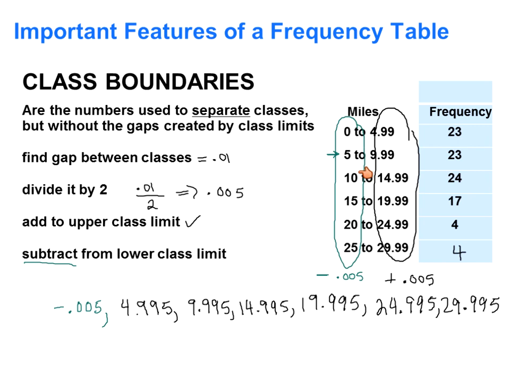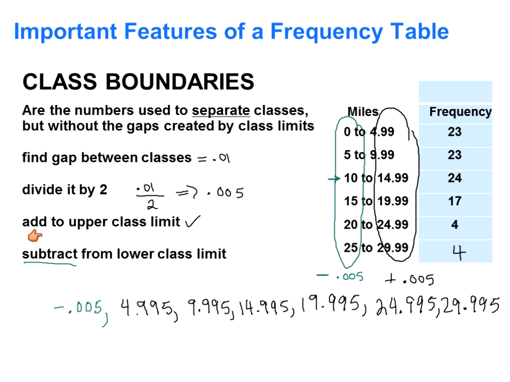Now the same thing here. When you move down and take 10 minus 0.005, you get the next class boundary that we've already written here. So we get 9.995. 10 minus 0.005 gives you the next class boundary, and so on.